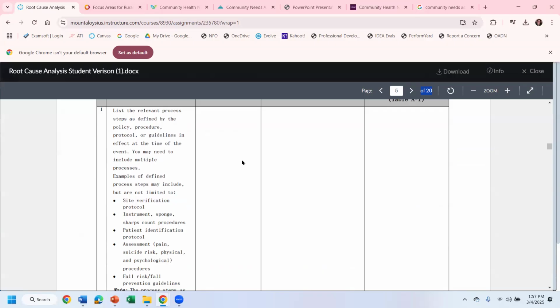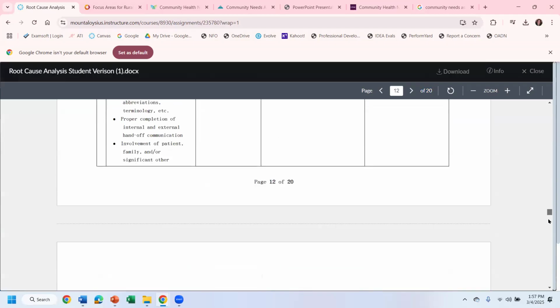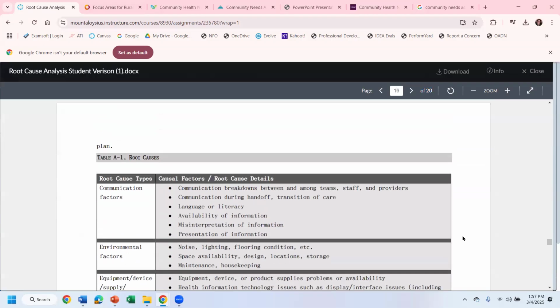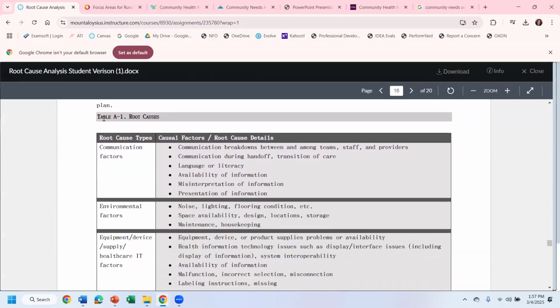Now, I am going to scroll pretty fast right now, but I'll come back to this because you'll see over here, this table 1A. This is down near the bottom of the document. Sorry for scrolling so fast. So on page 16, it has the different types of root causes.